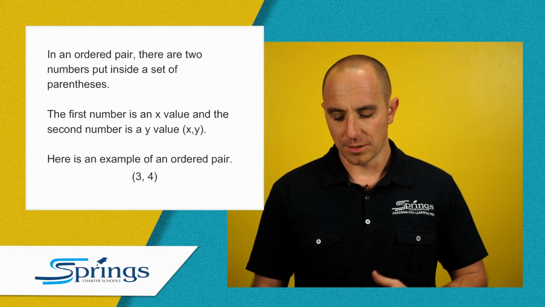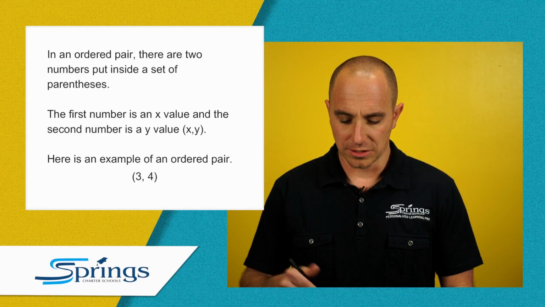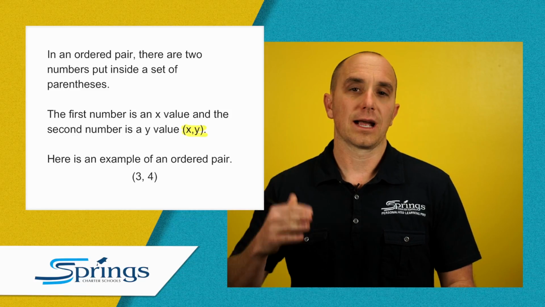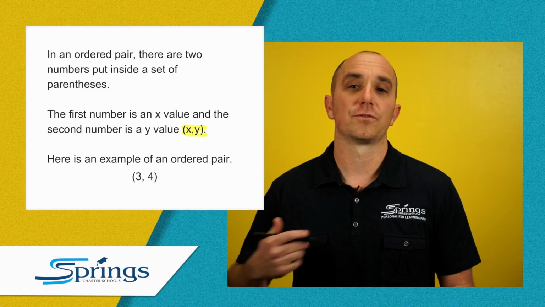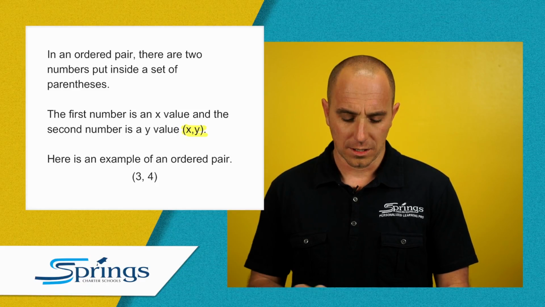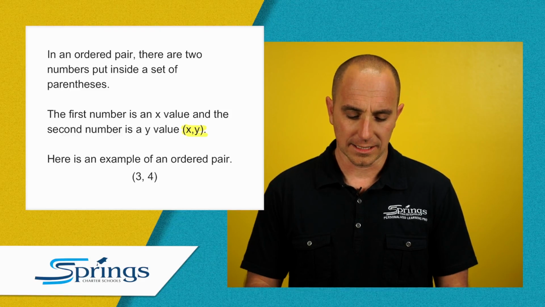The first number is the x value, and the second number is the y value. I'm going to highlight it for you: it's written as x comma y. Here's an example of an ordered pair: 3 comma 4. You can see here I have 3 on the x-axis and 4 on the y-axis.